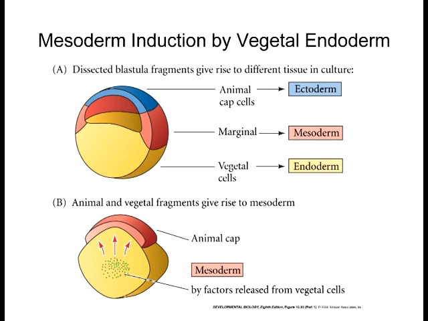So let's look at the fate map of a Xenopus and look at the organizer's influence over that. One of the important things that we've talked about here with the Xenopus is the blastocele. The reason why this needs to be here is because the organizer, which is typically found right here at the dorsal blastopore lip, secretes paracrine signals. If this is confluent or touching the yolk, if there's no blastocele, no ectoderm forms.